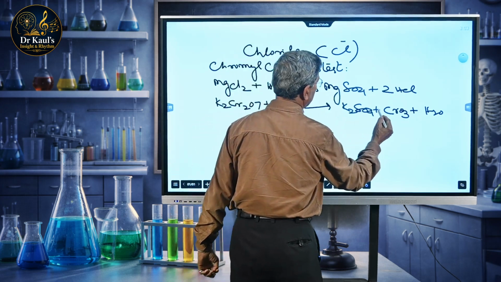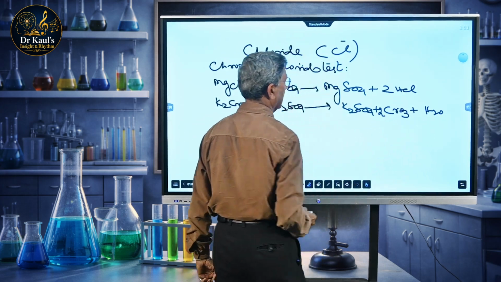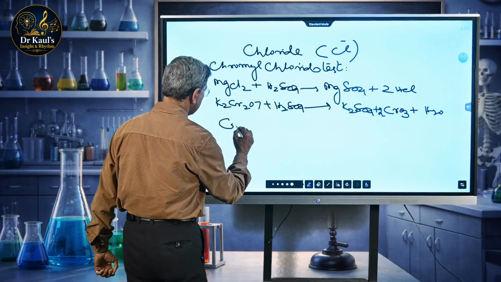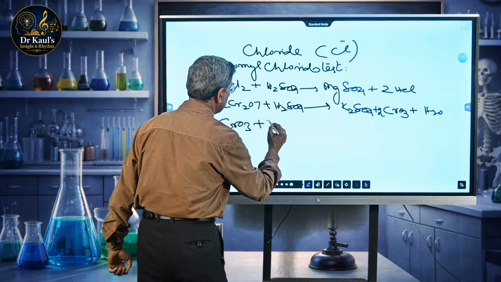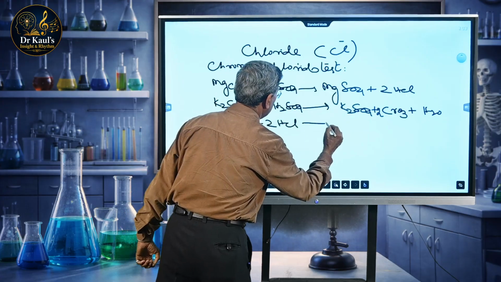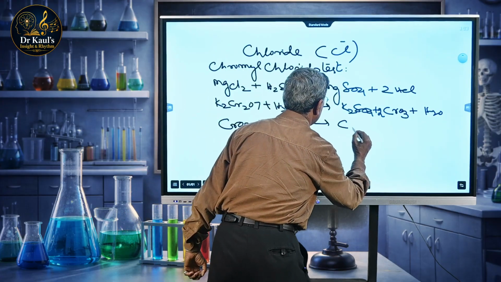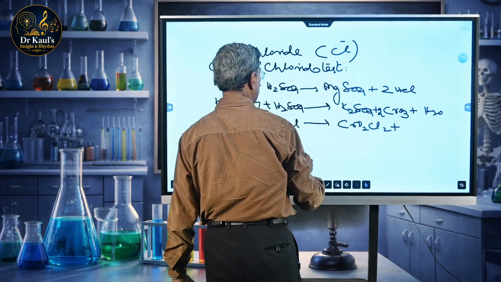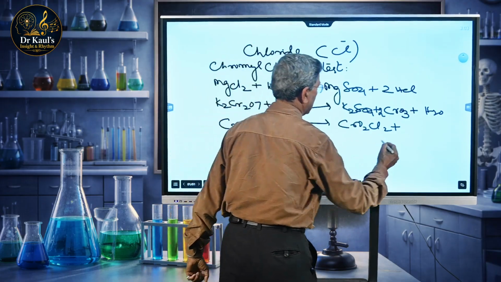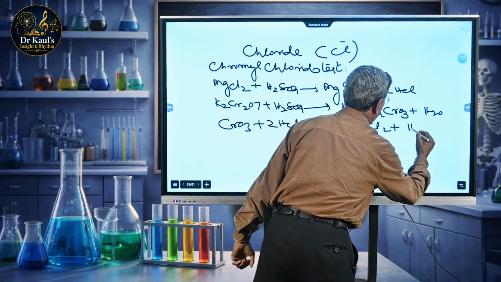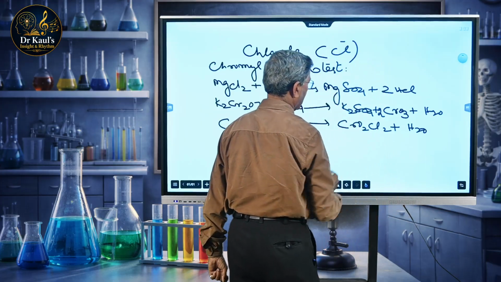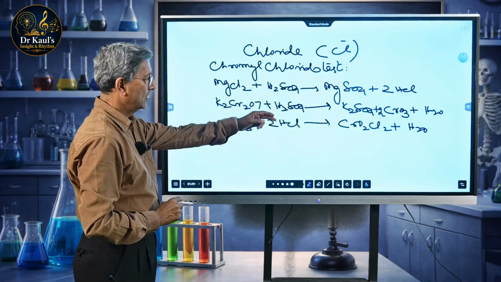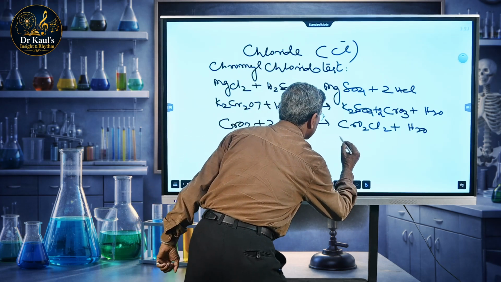We get 2 molecules of this. This is chromium oxide. Then this CrO₃ is treated with HCl to give us CrO₂Cl₂, plus of course the formation of water. These are the chromyl chloride vapors.